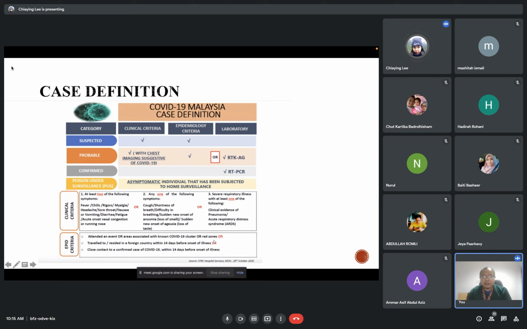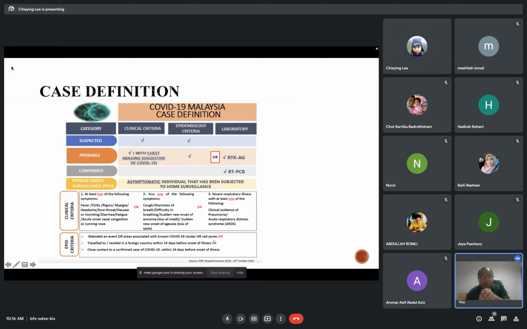You don't need to go into details of this slide, because if you see the source, it's CPRC Hospital Services, October 2020. So basically this slide is almost a year old. Even recently a lot of these criteria applied because at that time COVID was still fairly contained.